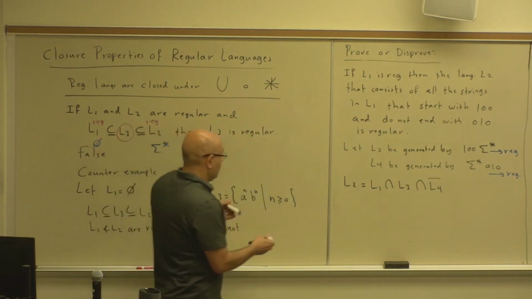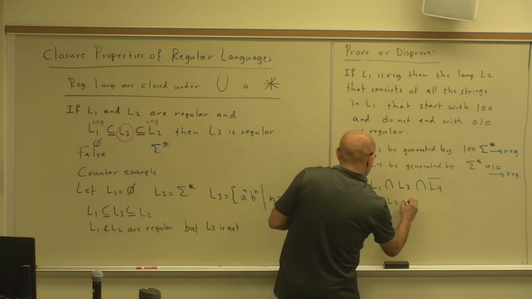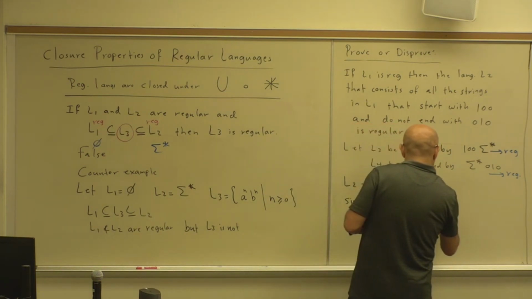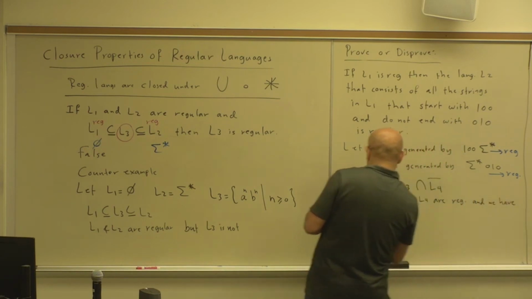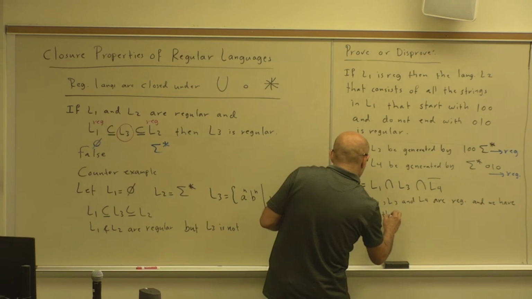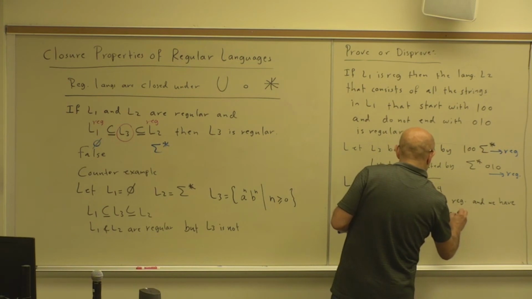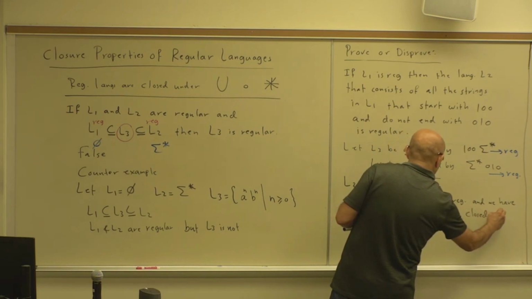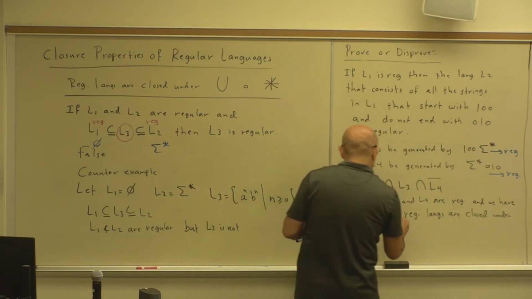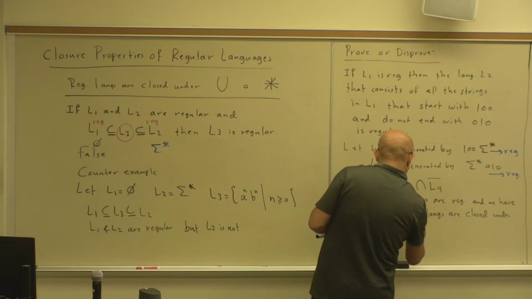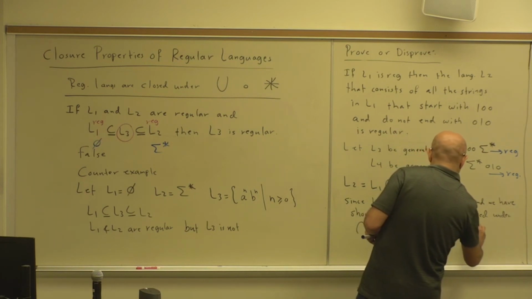So since L1, L3, and L4 are regular, and we have shown that regular languages are closed under intersection and complementation, L2 must be regular.